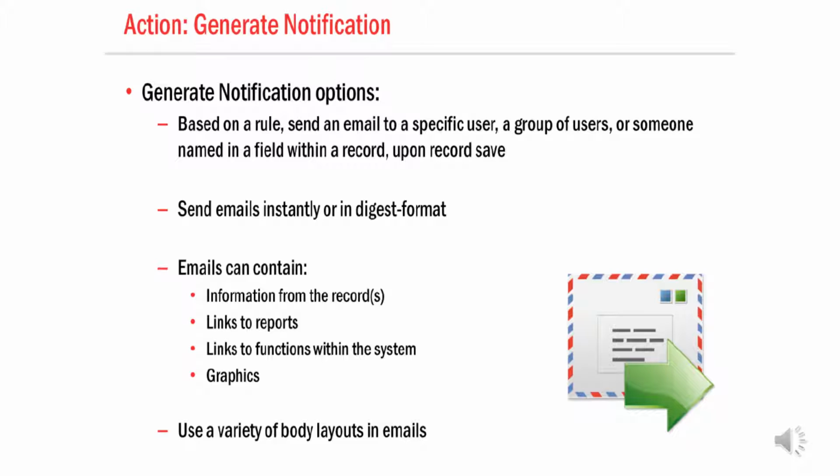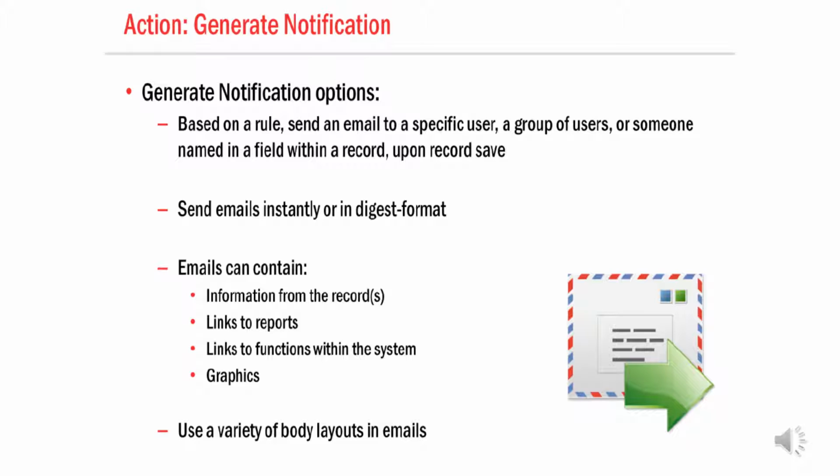Generate notification actions enable you to create notification templates based on new/updated records, triggering emails to selected users each time a record is added or updated within the application. You can also configure notification templates based on a frequency, such as daily, weekly, monthly or quarterly.